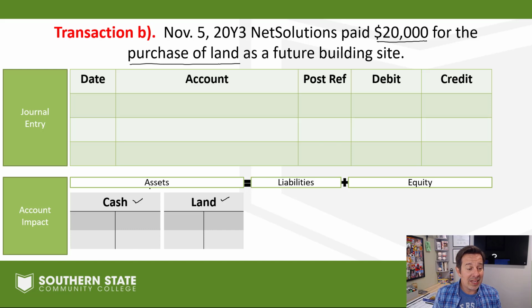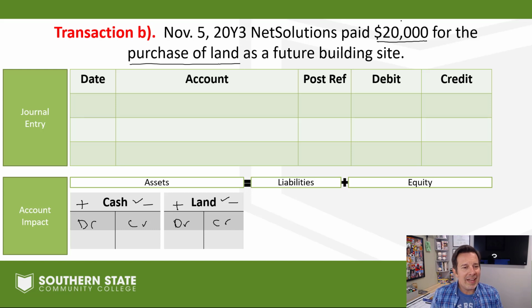Both accounts are assets. They're on the left-hand side of the accounting equation, meaning they go up on the left-hand side. They go down on the right-hand or credit side. Remember, left-hand side, debit, right-hand side, credit, every account. Debit's always left, credit is always right.